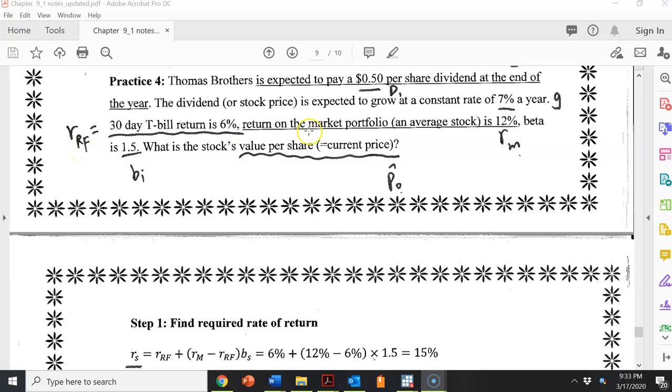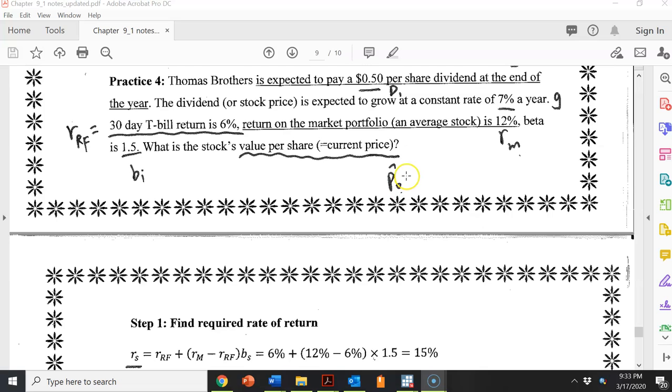Return on the market portfolio, as an average stock, RM is 12%, beta is 1.5. What is stock value per share? Stock value per share is the same as stock price, P0 hat.